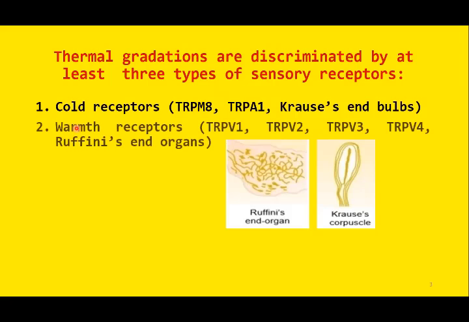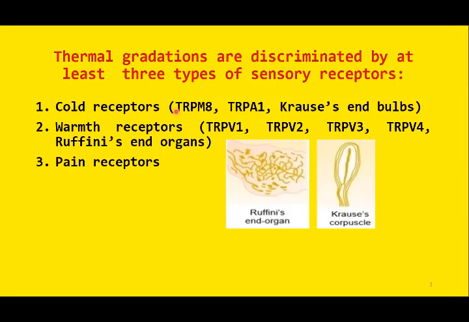Similarly, we have warmth receptors and some of the pain receptors, they are also included as thermoreceptors. Mind you, there is some overlapping between the pain receptors and thermal receptors. We will discuss the overlapping.